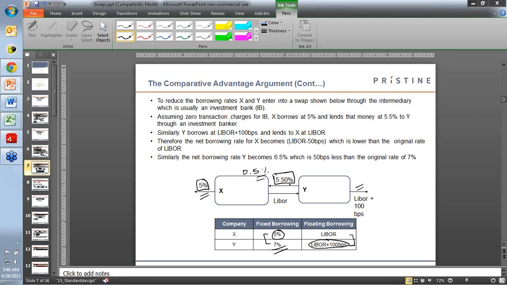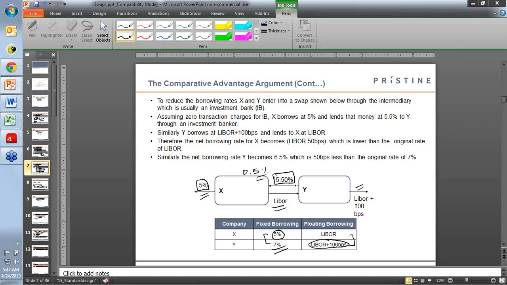So Y will be paying X at a rate of 5.5%. Similarly, Y, after taking a loan at LIBOR plus 1%, will be loaning out the money to X at LIBOR. Again, Y will try to gain some profit out of this transaction. So let's see the profit for Y.